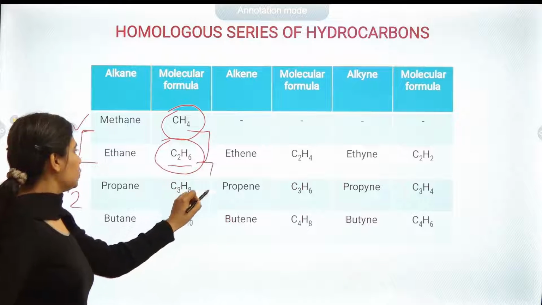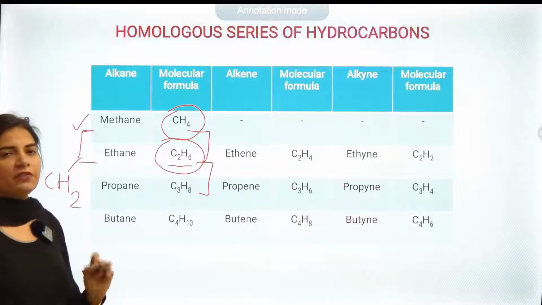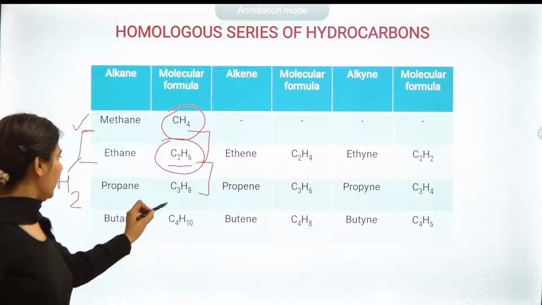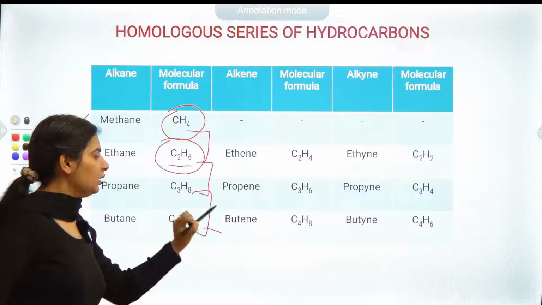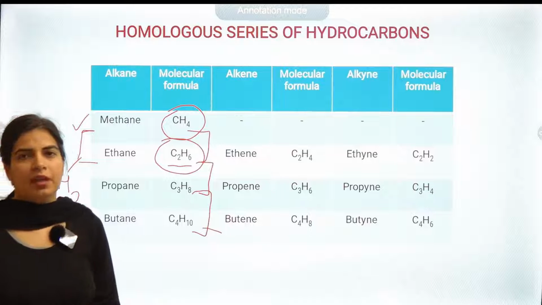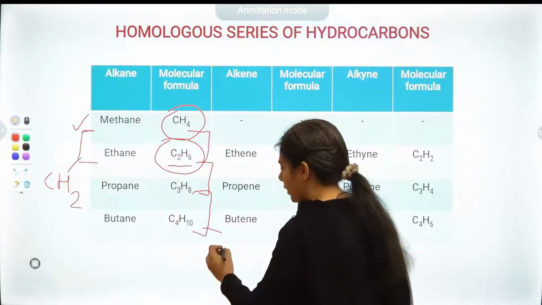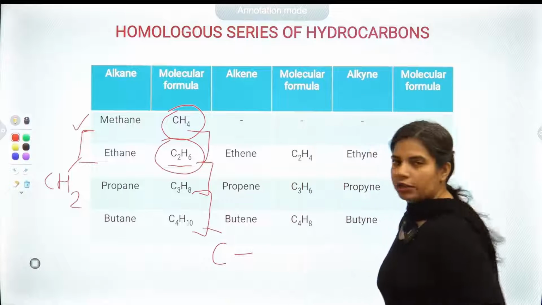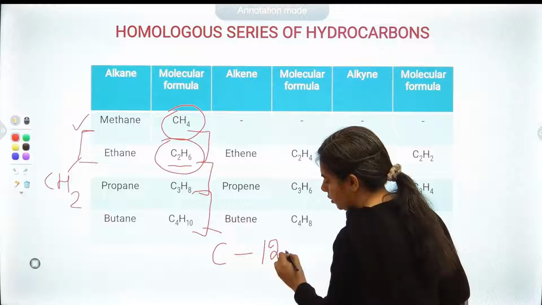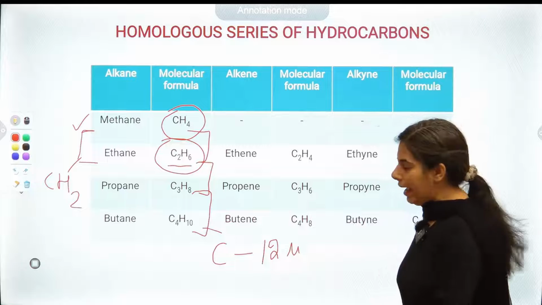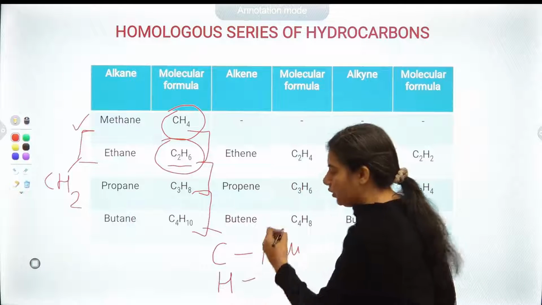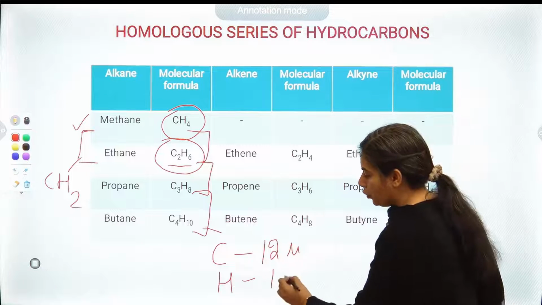Same in case of ethane and propane, the difference is CH2. And in case of propane and butane, the difference will remain the same, that is CH2. And we know that in case of carbon, the molecular mass is 12 units, and in case of hydrogen, the molecular mass is 1 unit.